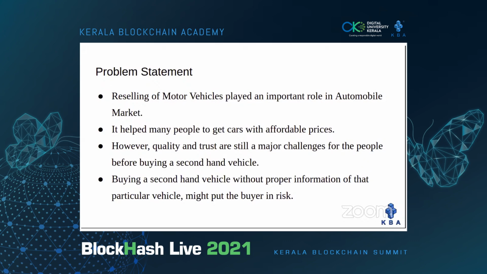Buying a second-hand vehicle without proper information can put the buyer at risk. So if you have a provision of getting genuine information, you can verify it and you can happily buy it. You can analyze the history of the vehicle, like when it was bought, what is the service history, who was the owner, what is the registration, all these things.